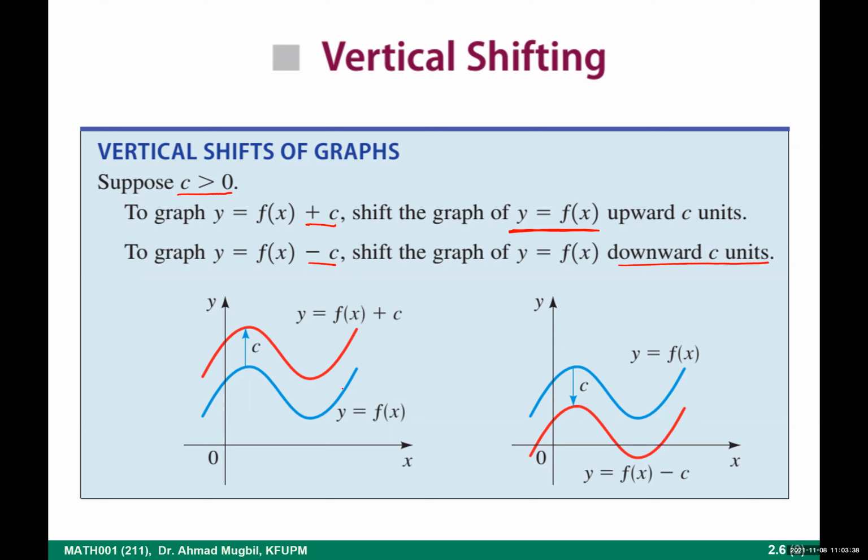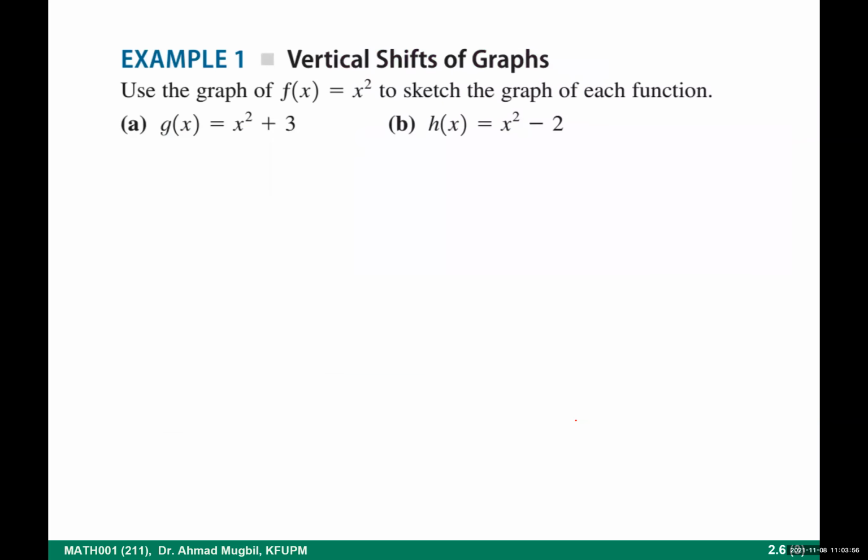So it will be shifted downward c units. Look at this. The blue one here is the original graph. When we add to the whole function a positive number c, then all the y values will be enlarged by c. Similarly, of course, if you subtract a positive number or you add a negative number.